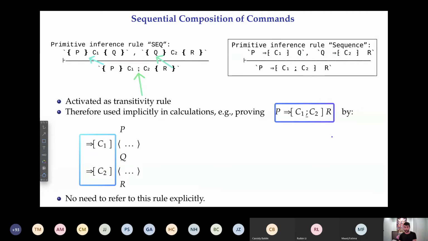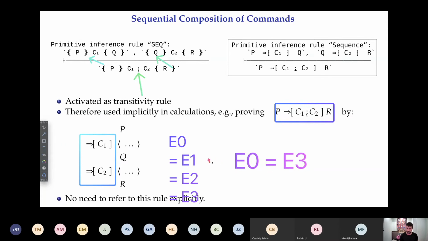And just as we talked before about how transitivity of equals shows us why the top of an equation works, if I have E0, then equals E1, then equals E2, then equals E3, just as using this gets us to E0 equals E3, this kind of calculation shows that the first thing in the calculation is equal to the last one.